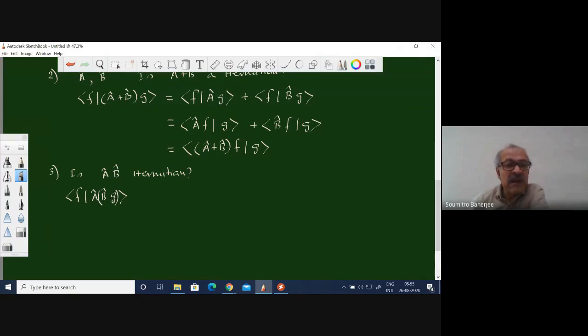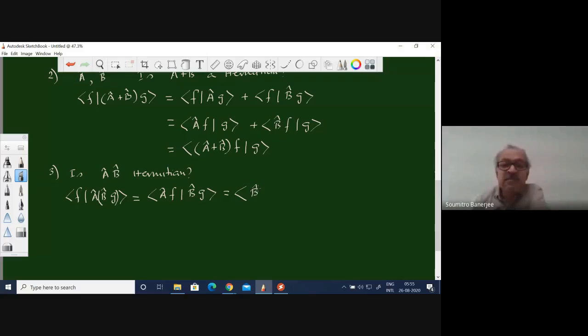So it is actually this. First, I'll put a bracket so that you can easily see that B is first operating on G. And so if that be so, I can take the A out here. It will become A F, B G. And then I'll have to be very careful.